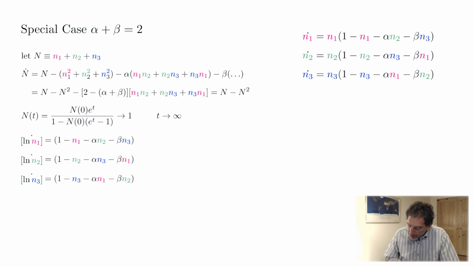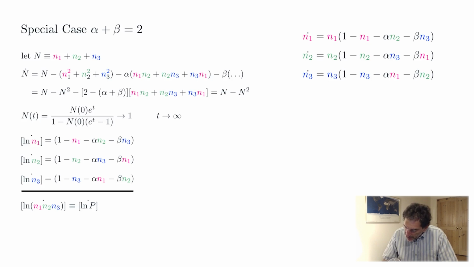And as before, let's add up these equations and see what we get. So on the left-hand side, we have log n1 dot plus log n2 dot plus log n3 dot, which is nothing more than log of n1 n2 n3 dot. Let's define the product n1 n2 n3 as P. So this is the same as log of P dot. But on the right-hand side, if we add up everything, there's three 1s, so there's 3.